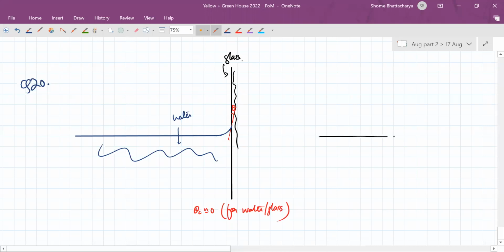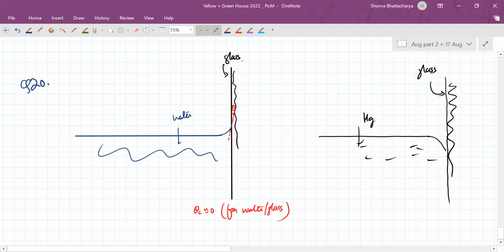Whereas when you have a mercury surface in contact with glass, the contact angle is an obtuse angle and it is nearly 135 degrees.